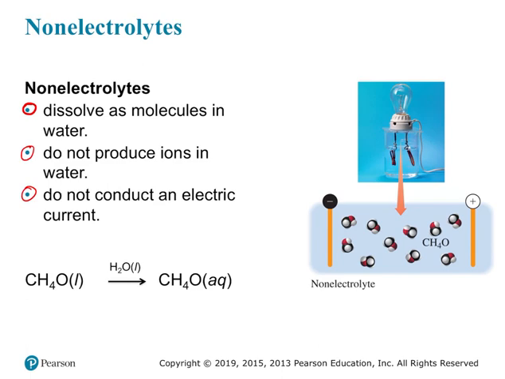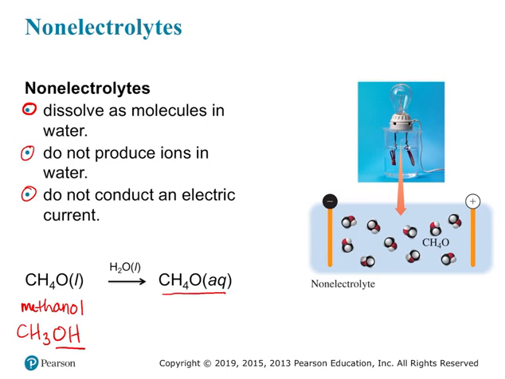One really good example is methanol, which has the chemical formula CH4O, or sometimes it's written as CH3OH, and the OH tells us that we have a polar bond. That's why methanol does dissolve in water, because remember, like dissolves like. However, we're not producing any ions when we dissolve methanol in water. So we're just going to end up with an aqueous solution of methanol.